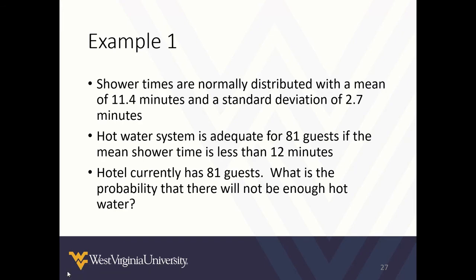Shower times are normally distributed with a mean of 11.4 minutes and a standard deviation of 2.7 minutes. A hot water system is adequate for 81 guests if the mean shower time is less than 12 minutes. A hotel currently has 81 guests. What is the probability that there will not be enough hot water?